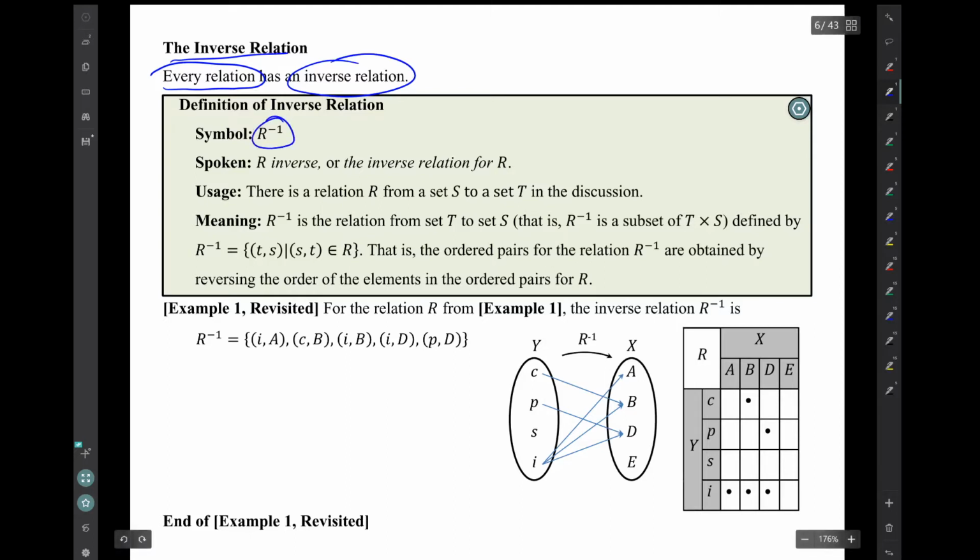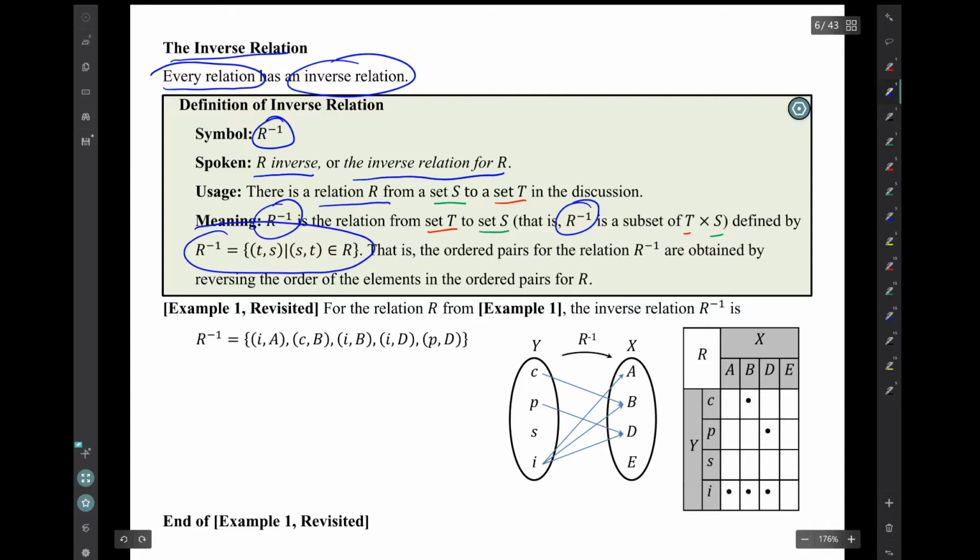The symbol capital R superscript -1 is spoken "R inverse," or the inverse relation for capital R. You can use this symbol anytime you have a relation R from a set capital S to a set capital T. What this symbol capital R superscript -1 means is the relation from set T to the set S. That is, R superscript -1 is a subset of this Cartesian product, capital T cross capital S, defined this way.